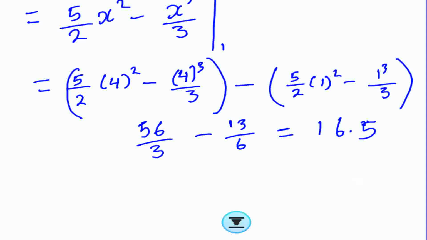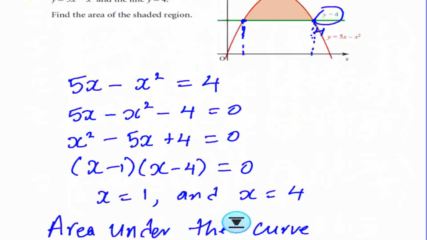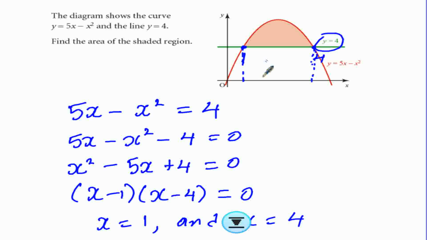And I've already explained to you the easier way of getting the area under the line. This area under the line forms a rectangle. If this is 1 and that is 4, its length is 3. And the height, this is the y value, which is 4.